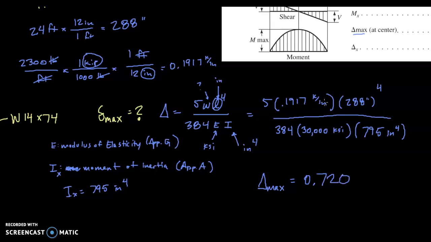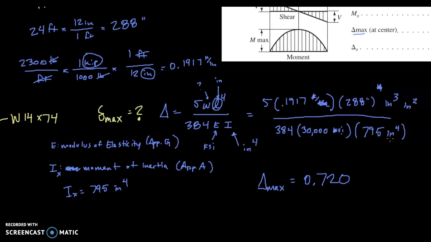Now if we look at our units, we've got kips per inch times inches to the fourth. So the inches go away, and this becomes inches to the third. And down here we also have KSI, kips per square inch, but since it's on the bottom, kips stay on the bottom. They cancel out the kips on top. And I've got inches squared up here now.